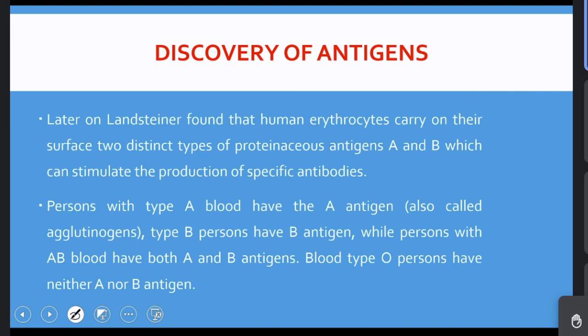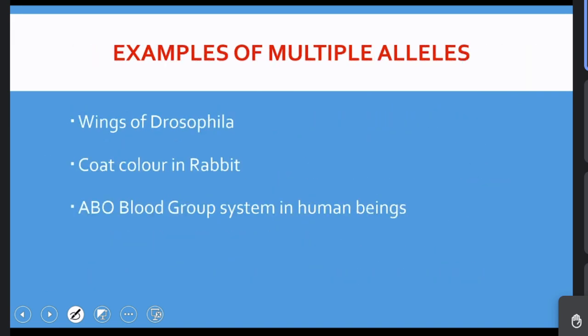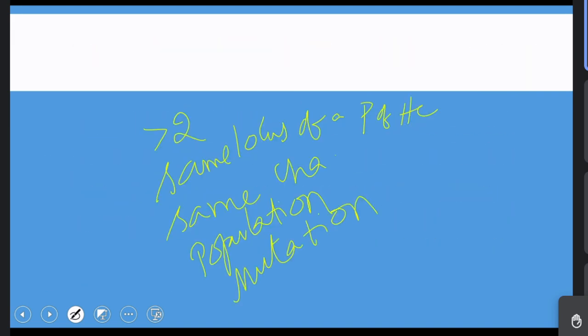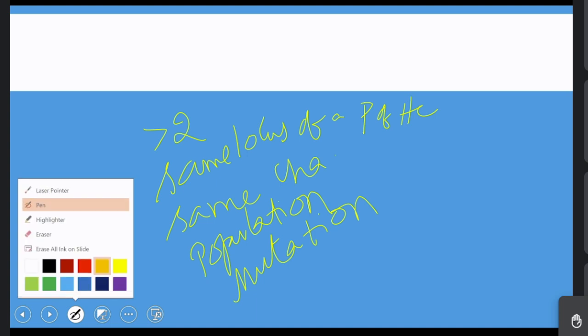What do you mean by natural antibodies? They are present within us without taking any medicines or injection. Very good. So these are by birth. When we have antibodies by birth, we call them natural antibodies.